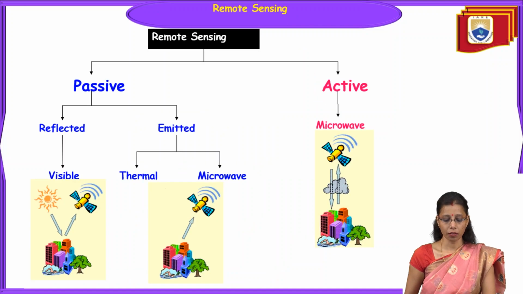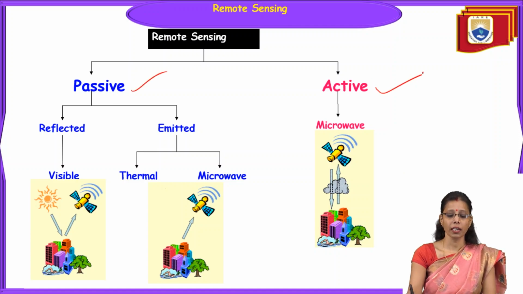So what is a sensor? Basically, a sensor is used in the remote sensing process. If we remember, we discussed in the previous lecture that there are two types of remote sensing: active remote sensing and passive remote sensing. Both have a sensor which is attached to the satellites.